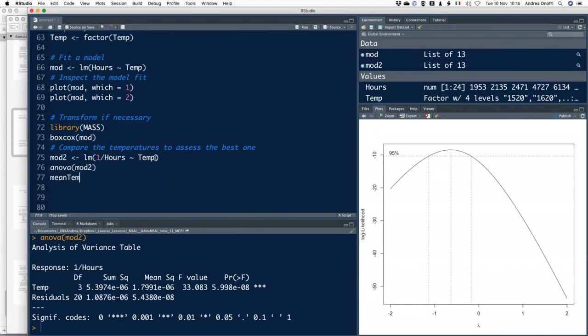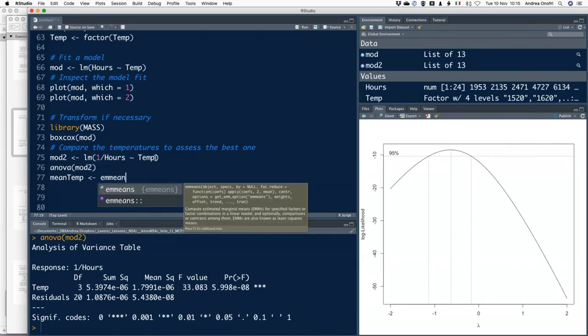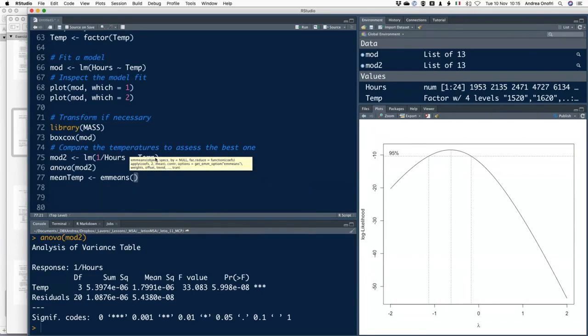Let's take the expected marginal means, which are equal to the arithmetic means in this case, because the experiment is fully balanced, because we have the same number of replicates. So the mean temperatures are obtained by using the emmeans function, passing mod 2. Be careful, I have to pass mod 2, which is the right model.